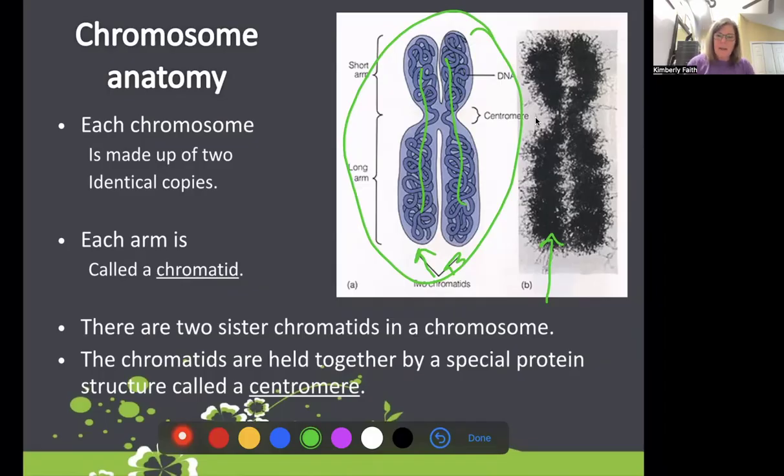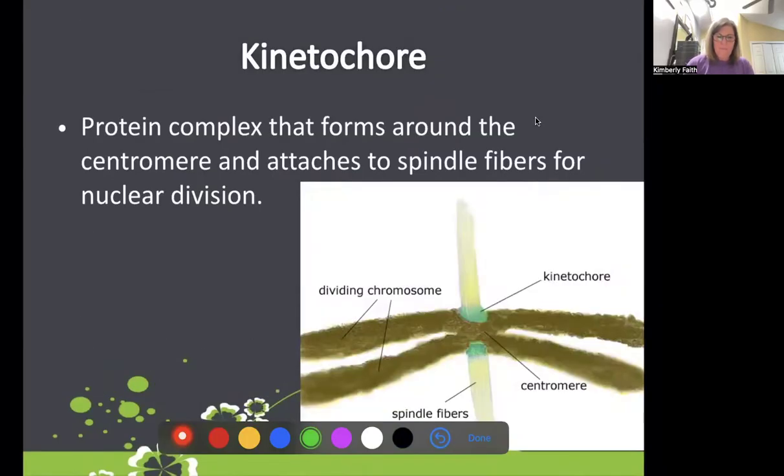They're going to pinch in here at the centromere. Then we have a protein complex that sits out here in this pinched in area called the kinetochore. And this is where your spindle fibers are going to hook up to the chromosome in order to divide, so that we send one copy to one cell and the other copy to another cell.